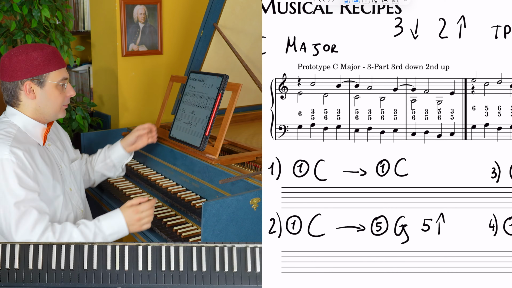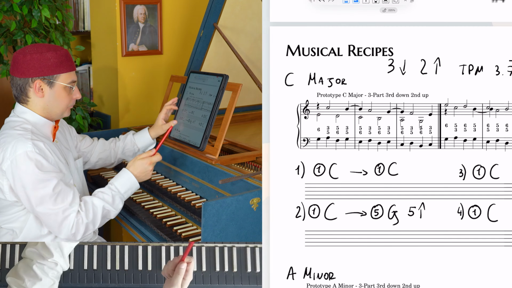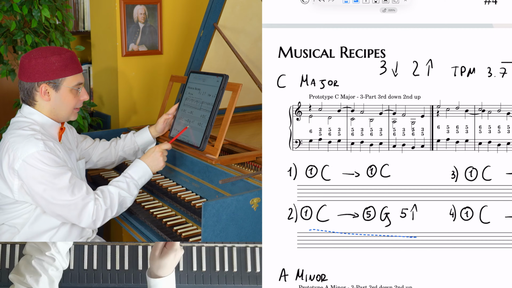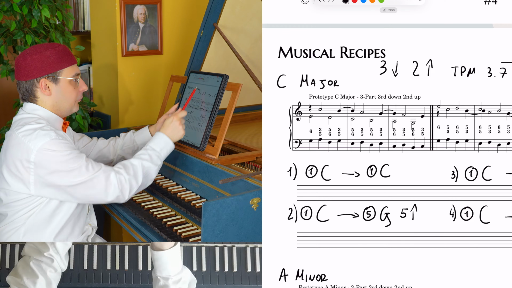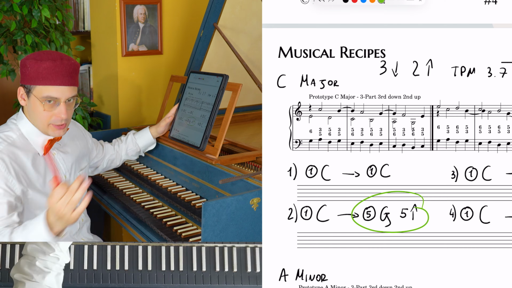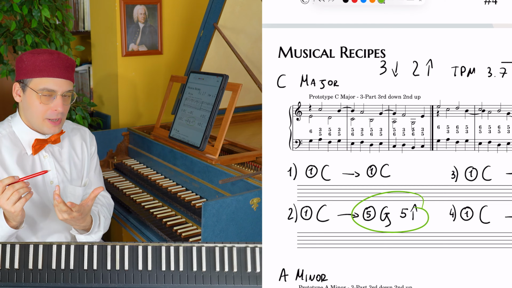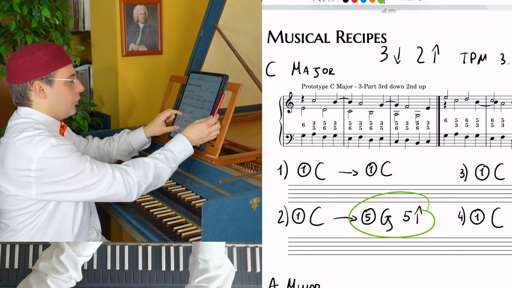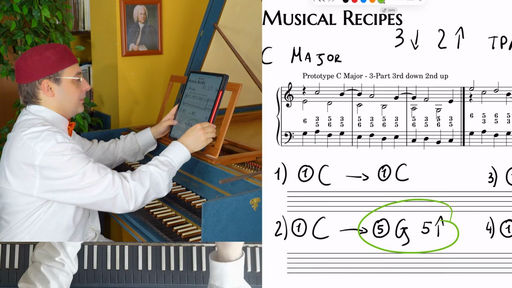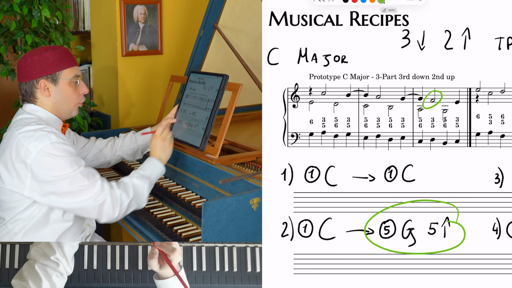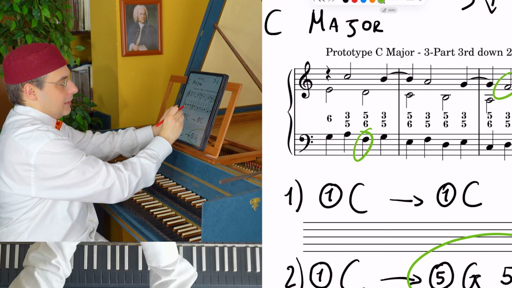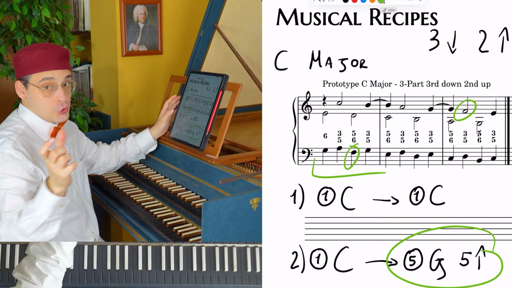The second step consists in practicing creating a modulation, as you can see here, to the 5th degree, so G in this case. We need to introduce the leading tone, so F sharp, in a certain point. For example, when we meet a sharp, it can be here, or it can be here, but in this case, it's very short.